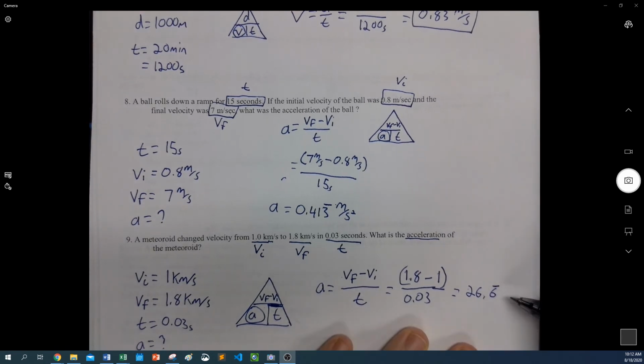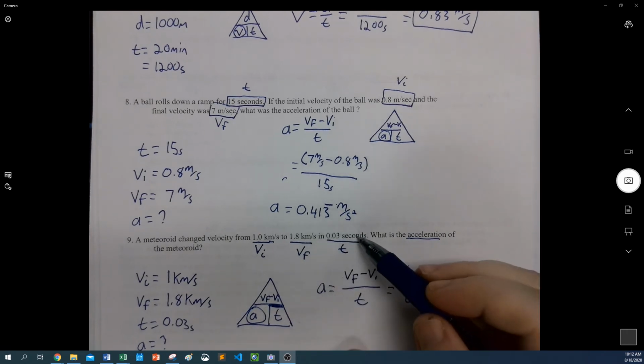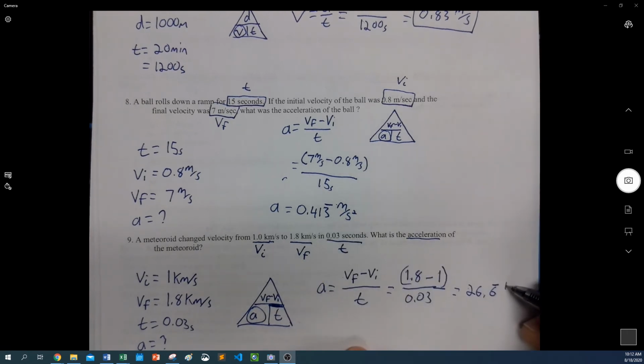And our units for acceleration are going to be kilometers per second per second, or you could put equivalently 26.667 kilometers per second squared.